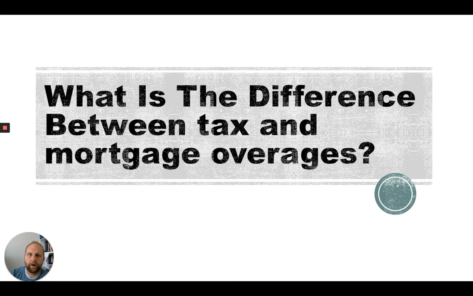It goes to a foreclosure auction, and an investor buys it for $200,000. So $150,000 goes to the bank, leaving $50,000 left over in overage or surplus funds. And because it was generated from a foreclosure of a mortgage, that's why we call it a mortgage overage. So hopefully that makes sense.